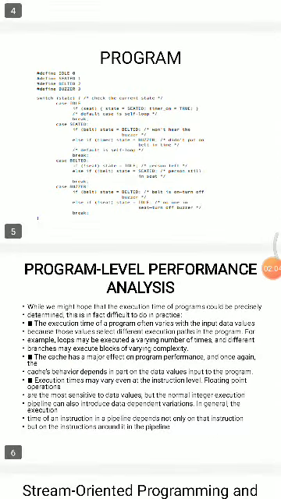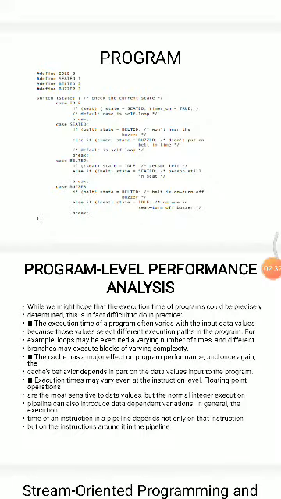The next one is program level performance analysis. While we might hope the execution time of a program could be precisely determined, this is in fact difficult in practice. The execution time of a program often varies with the input data values, because those values select different execution paths of the program. Loops may be executed a varying number of times and different branches may execute blocks of varying complexity.